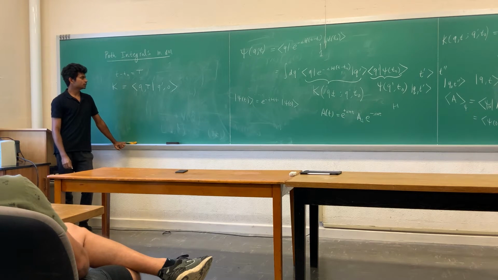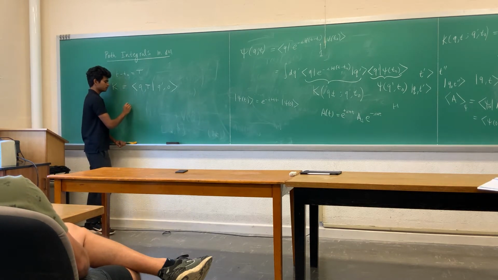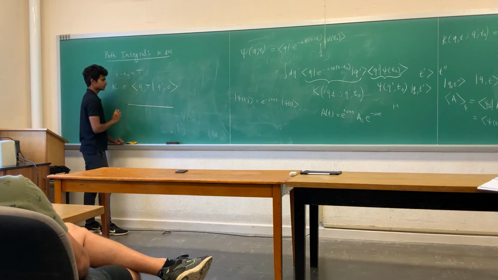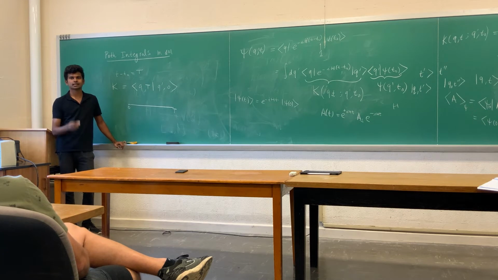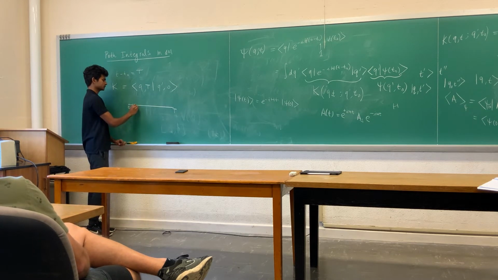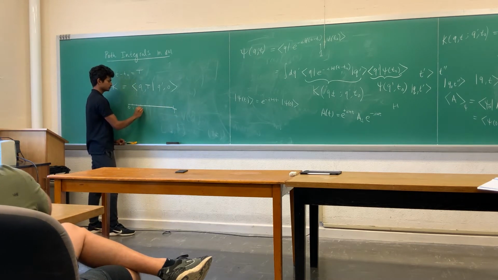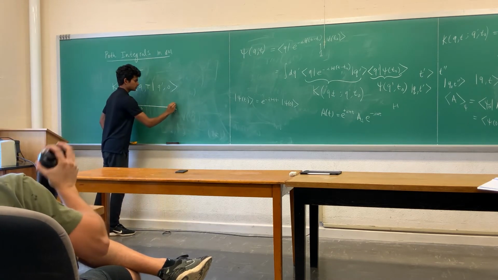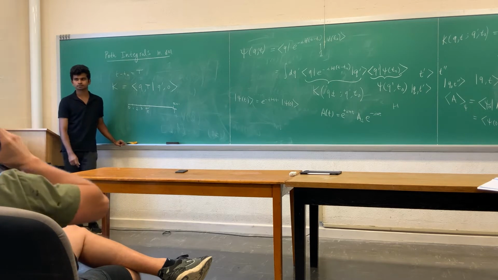The way to do it is you take the time, which is from 0 to big T, and slice it into m plus 1 equal parts. This is part 1. And each of the segments has the length epsilon.